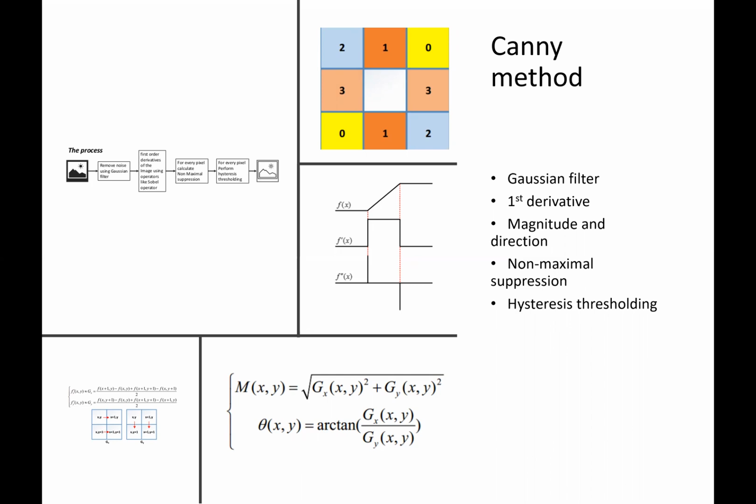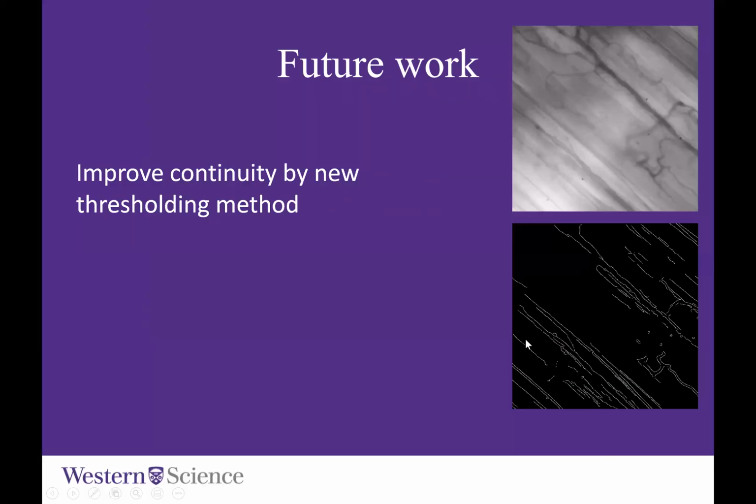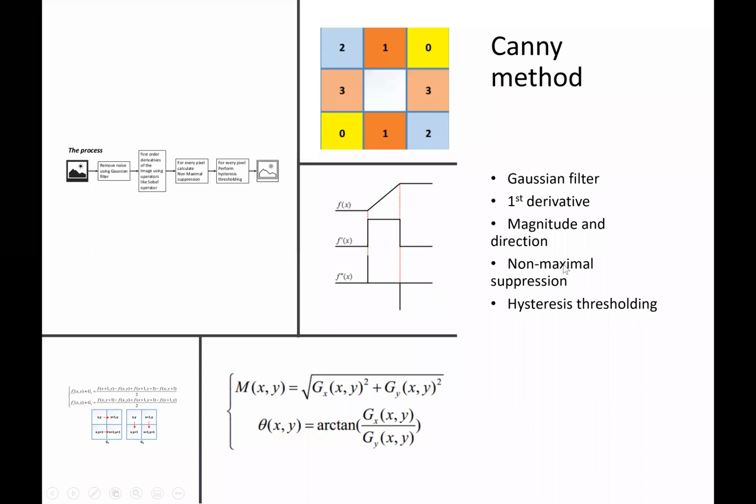And then the first derivative. Let's look at this graph first. At this point, the gray value has a dramatic change. If I take a derivative of the picture, we get something like this, and the point is here.